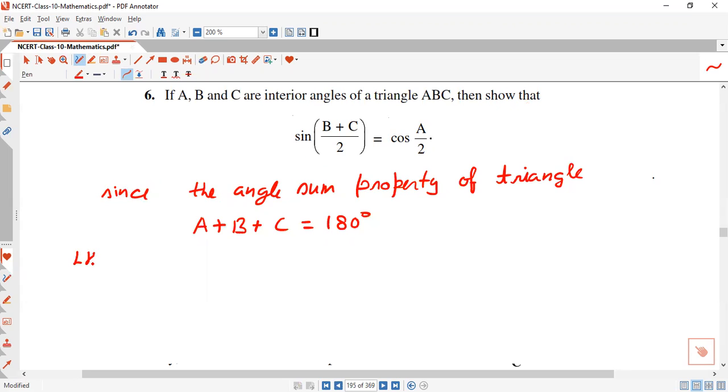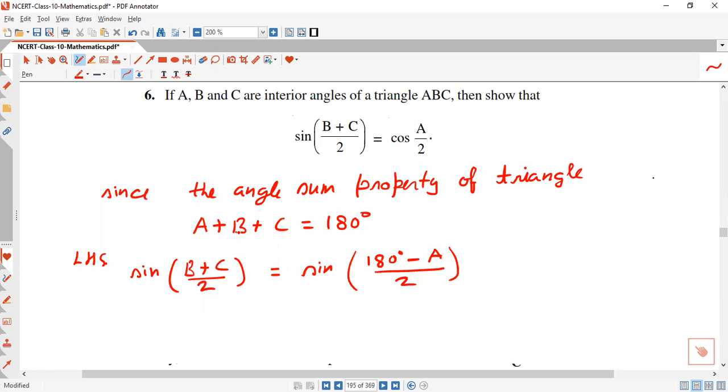Starting from the left-hand side, we have sine of (B plus C) by 2. B plus C can be written as 180 degrees minus A, so we replace B plus C by 180 degrees minus A. Dividing by 2 and separating the terms, it comes out as sine of (90 degrees minus A by 2).